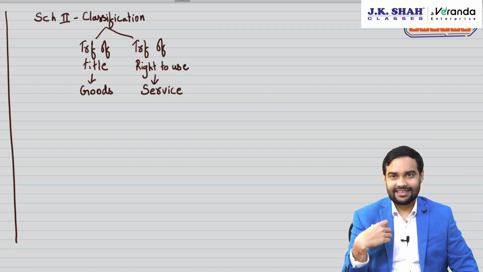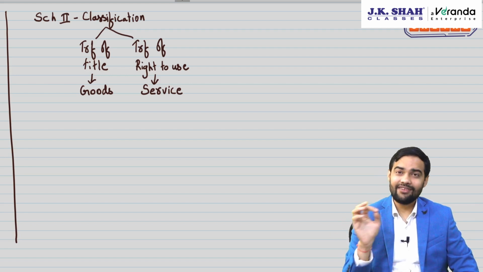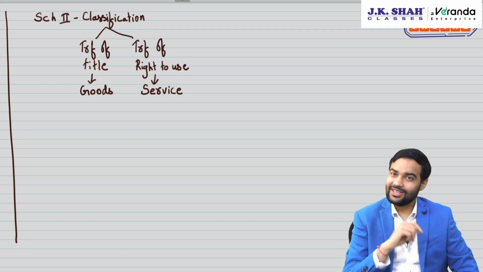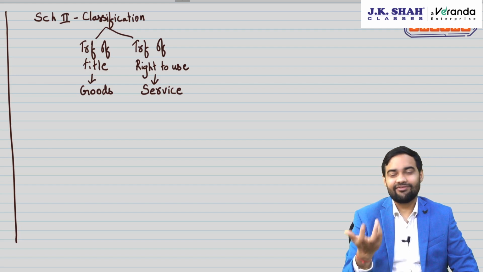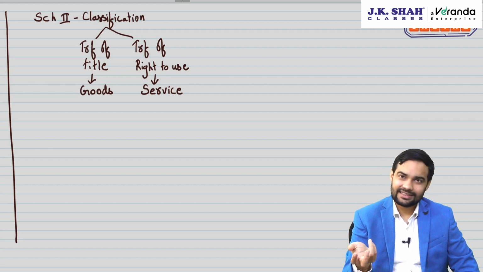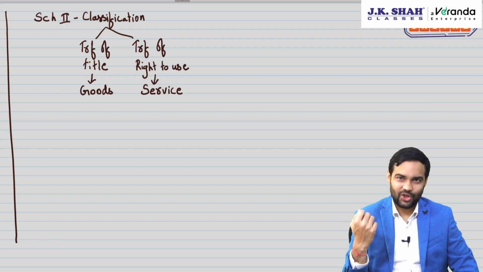Business asset transferred, supply of goods. Private use of business asset, service, because right to use is happening. Closure of business, and where a person ceases to be a taxable person, gives up his GST registration, then again it will be regarded as supply of goods.